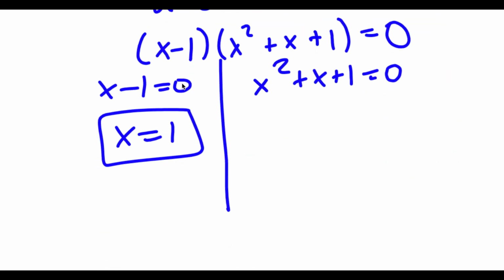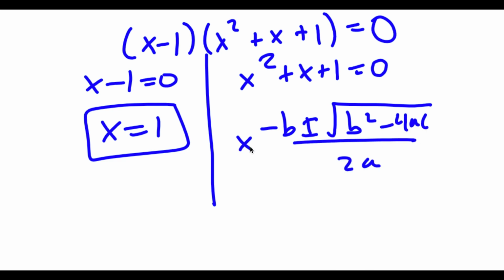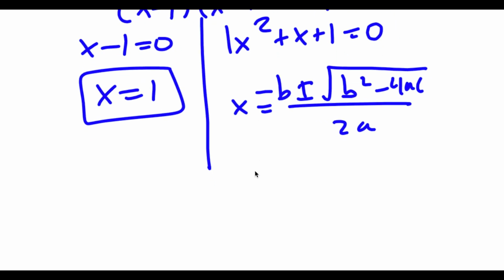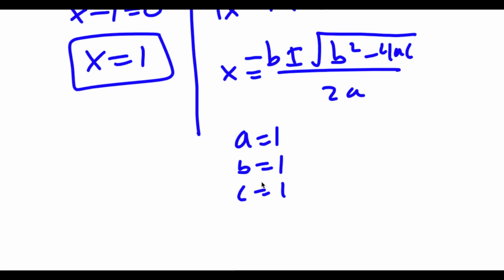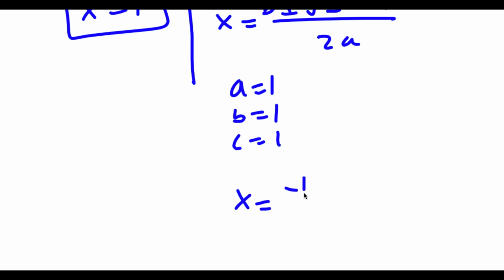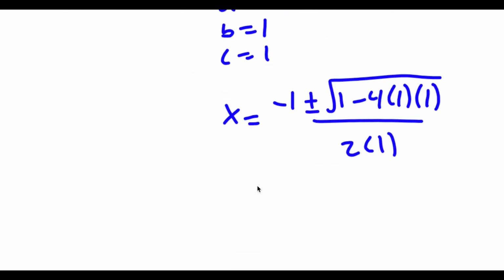And for x squared plus x plus 1 equals 0, we can use the quadratic formula, which is negative b plus or minus the square root of b squared minus 4ac all over 2a. So in this case, a is 1, b is 1, c is 1. So I get x is equal to negative 1 plus or minus the square root of 1 minus 4 times 1 times 1 all over 2 times 1.